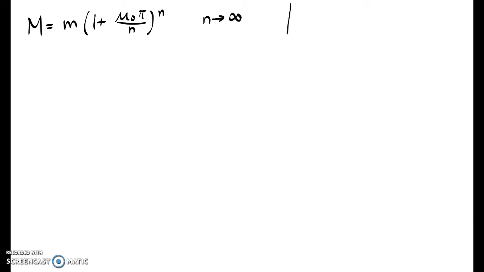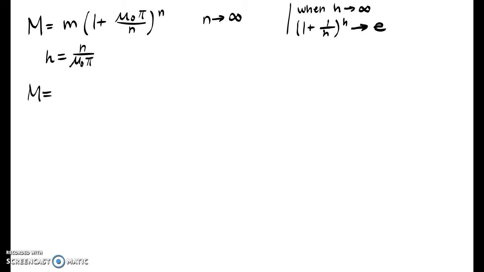Now we were also given the fact that when we have some number h, and h is going to infinity, the expression (1 + 1/h) to the h power approaches e. Now we can look at our expression for a coefficient and see that it somewhat resembles a possible (1 + 1/h) to the h power. So one way we can achieve that is saying, let's say h is equal to n over μ0π.